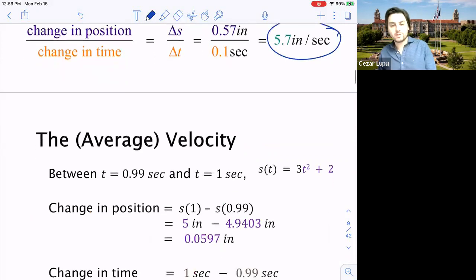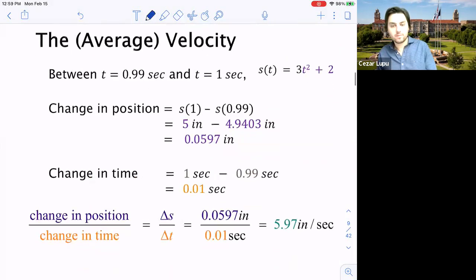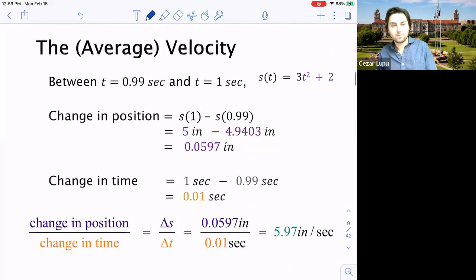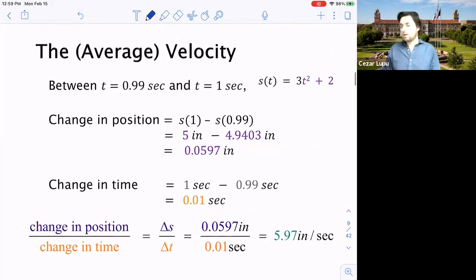And now we would like to see what happens with the average velocity when we have something even closer, but still around 1. So we would like to see what happens between 0.99 and 1 second, right?